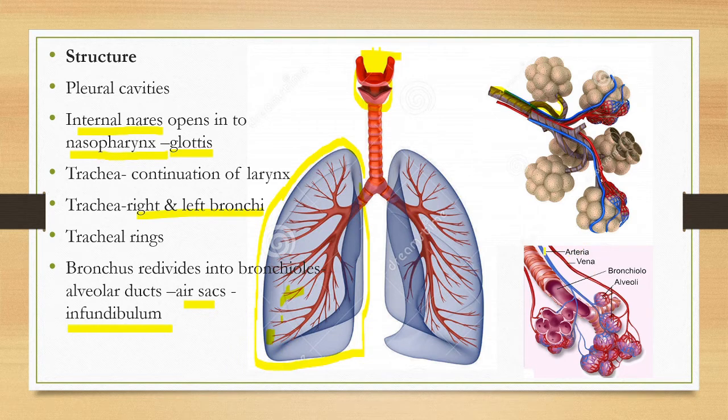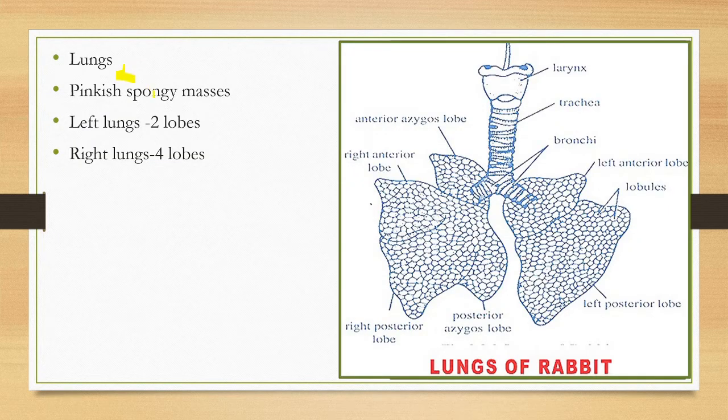Each and every alveolus is covered by alveolar capillaries. Lungs of rabbit are pinkish spongy masses, well protected in the thoracic cavity and by the ribs.